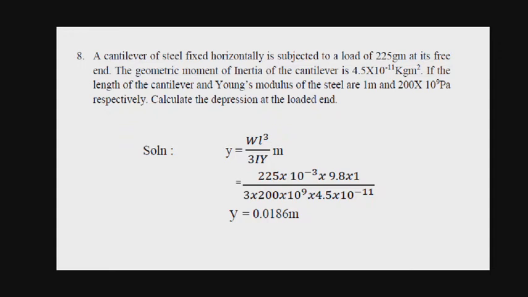Solution: small y is equal to W L cube divided by 3 I Y meter, which is equal to 225 into 10 to the power minus 3 into 9.8 into 1 divided by 3 into 200 into 10 to the power 9 into 4.5 into 10 to the power minus 11.